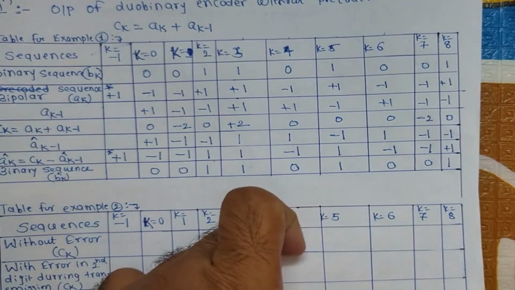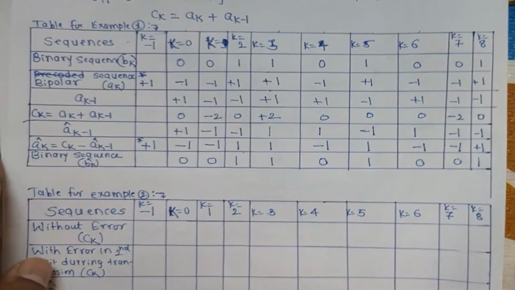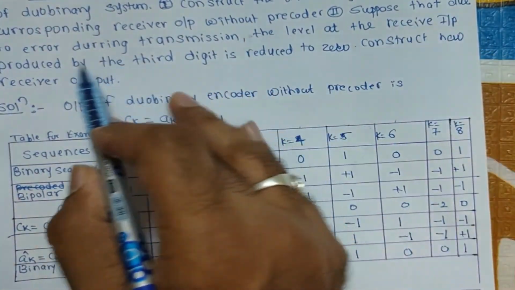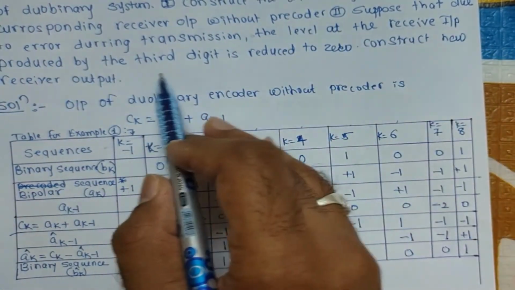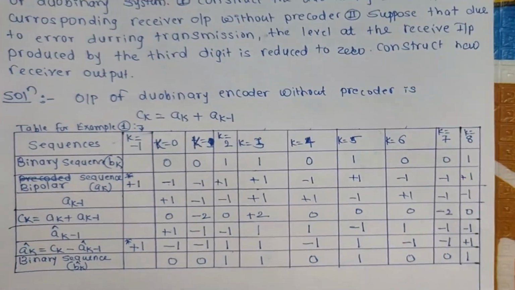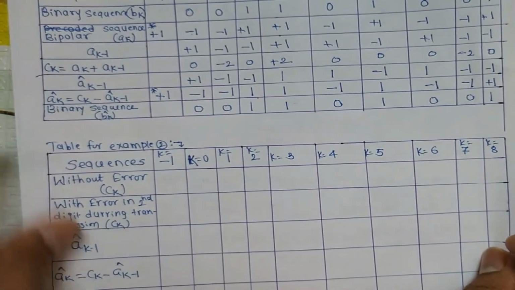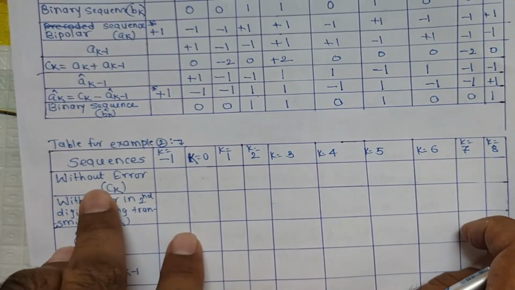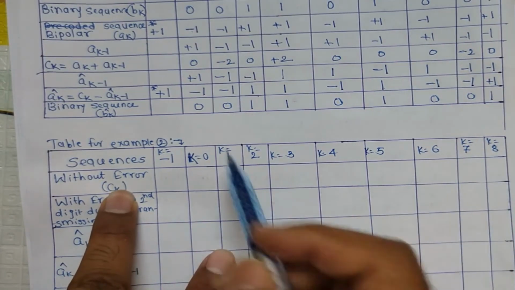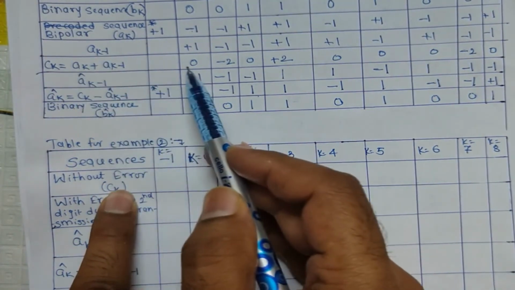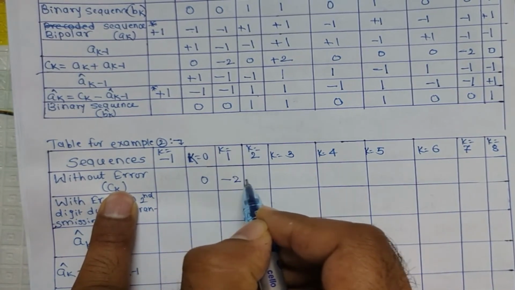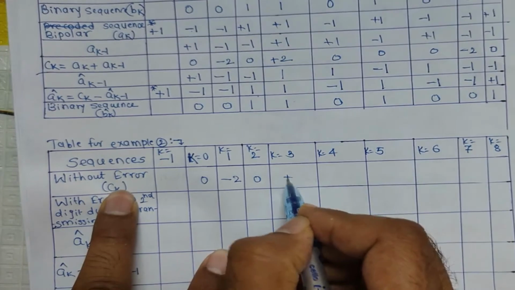Now, as per the second case, we are going to consider that the error is generated during the transmission in the third digit. So let's see if the error is generated. First of all, let me write the transmitted sequence CK without error.